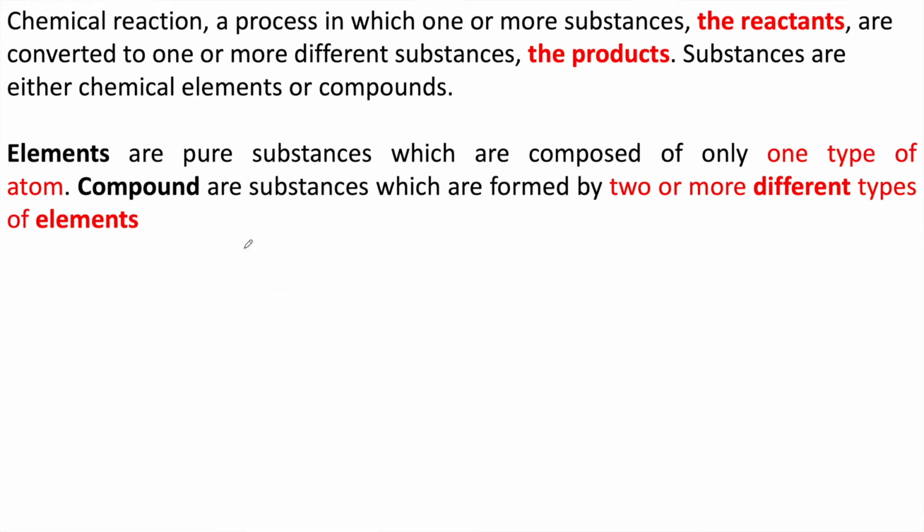If I write a chemical equation like H2 plus O2 gives H2O, in the reactant side, hydrogen and oxygen are elements, and in the product side the water is a compound.